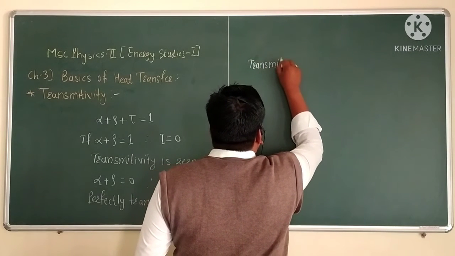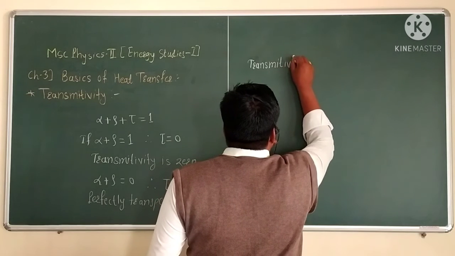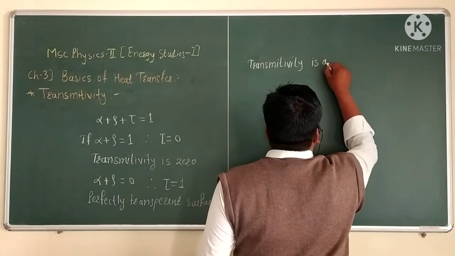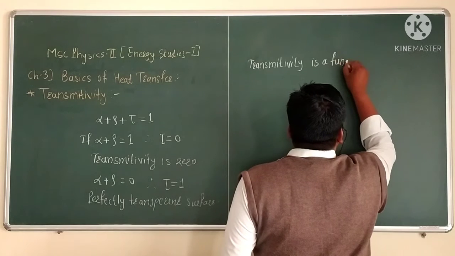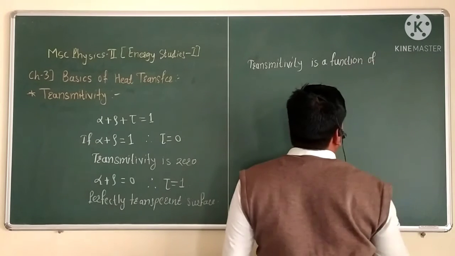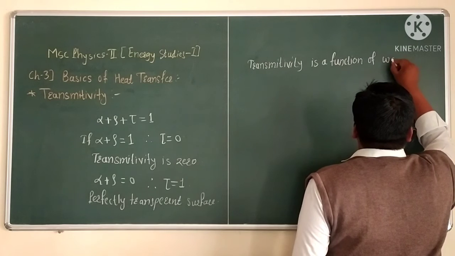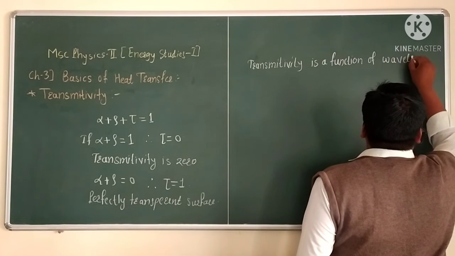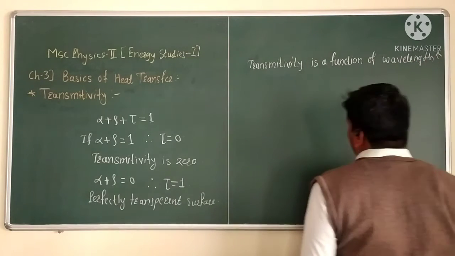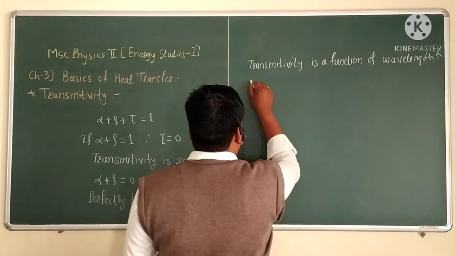Transmittivity is a function of wavelength and of the angle of incident or incoming radiation.